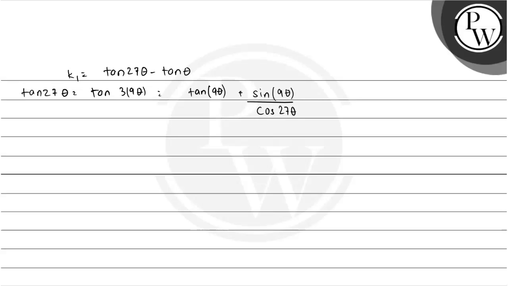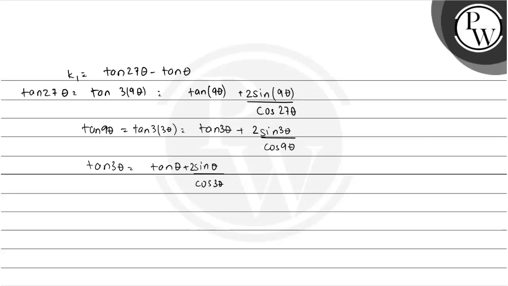And again, this tan of 9 theta can be rewritten as tan of 3 times of 3 theta, which is again tan of 3 theta plus 2 sin 3 theta upon cos of 9 theta. And tan 3 theta will be tan theta plus twice sin theta upon cos of 3 theta.